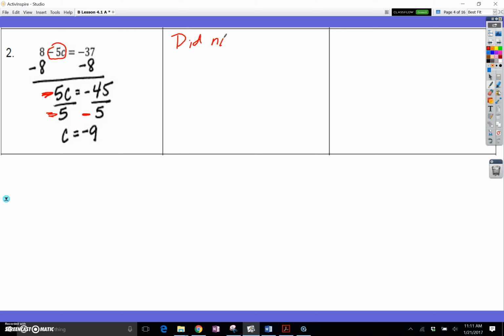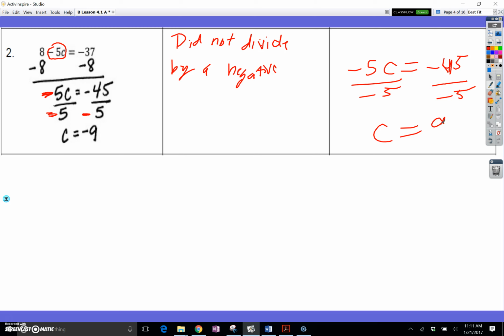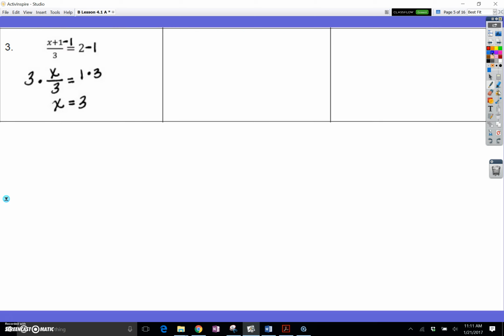So if we solved it correctly, we'll just jump down. It should have been negative 5c equals negative 45. And what we should have done is divided both sides by negative 5, which would have gotten me c equals positive 9 instead of negative 9.